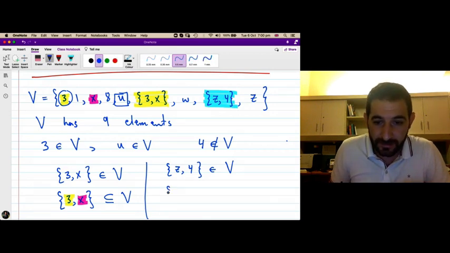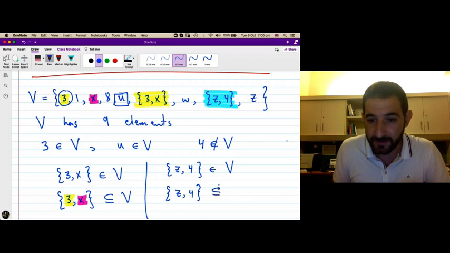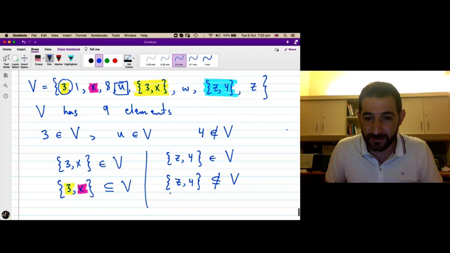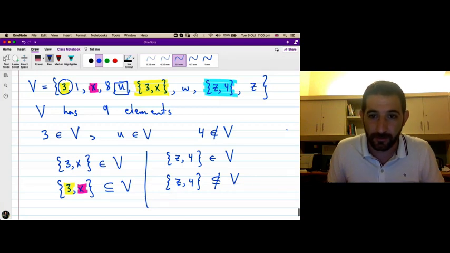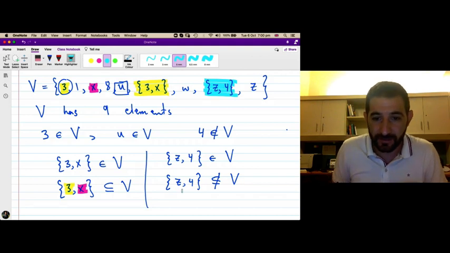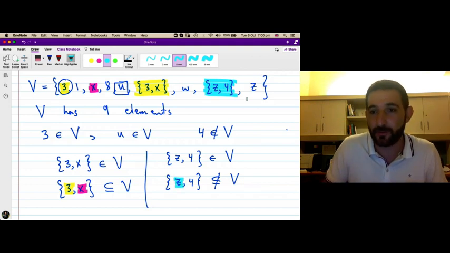Okay, this set containing z and 4 is not a subset of V. Why? Because not every element in this set is also in V. For example, let's check them one by one. z is an element here. It is also an element here.